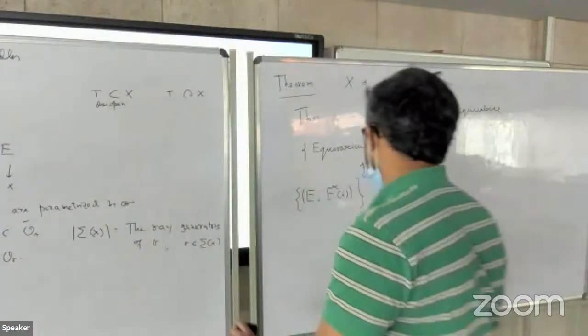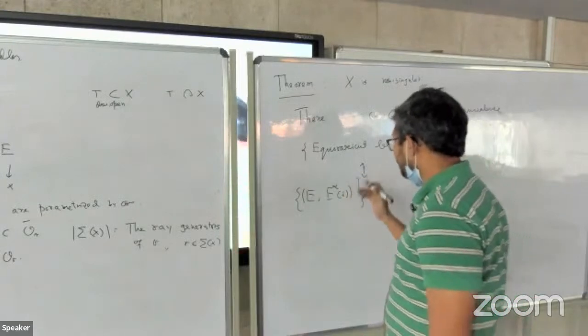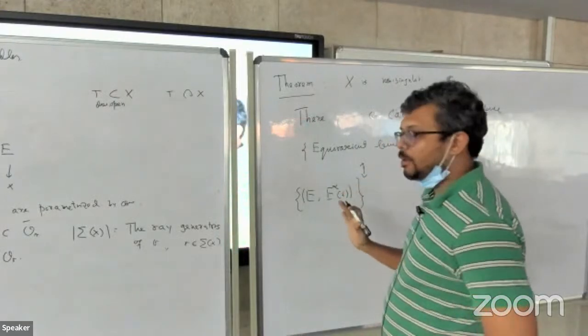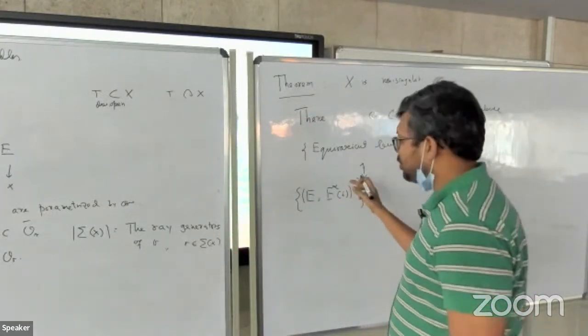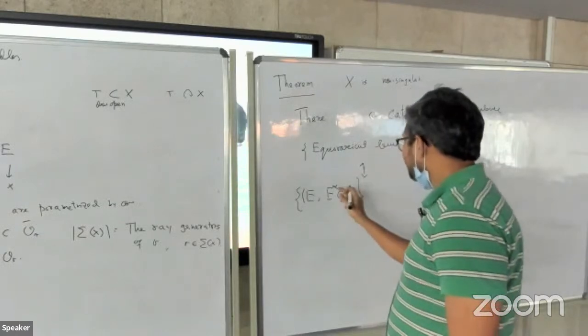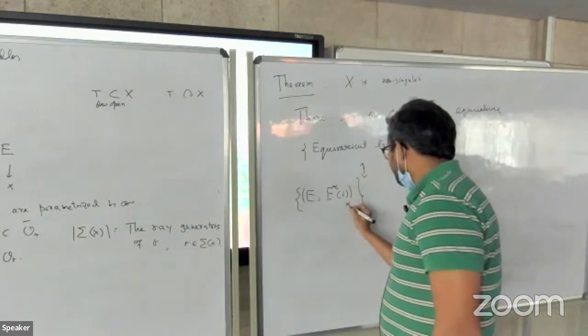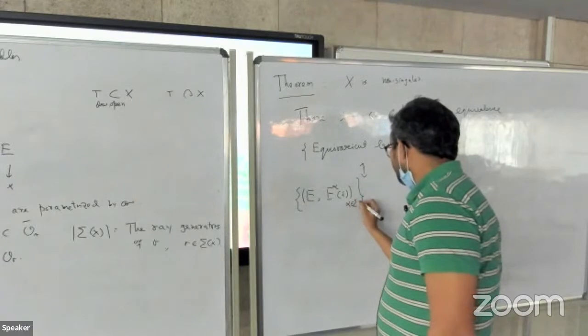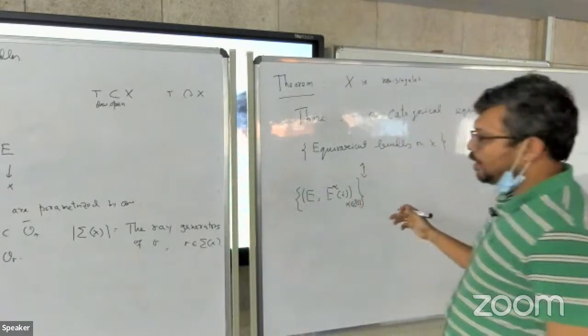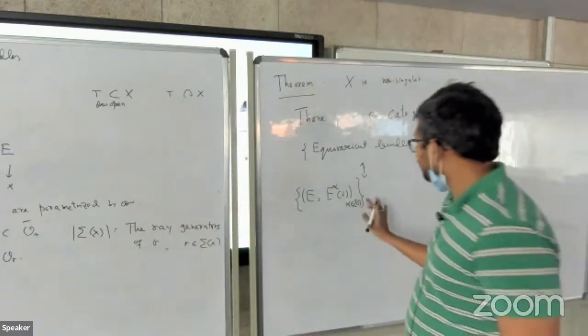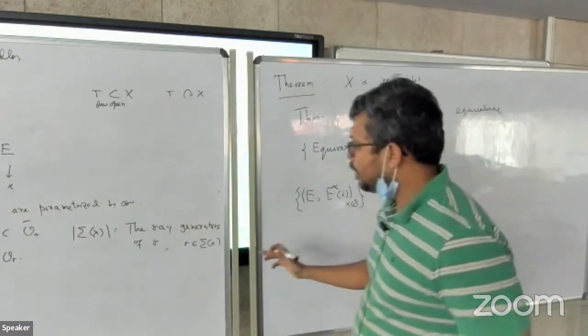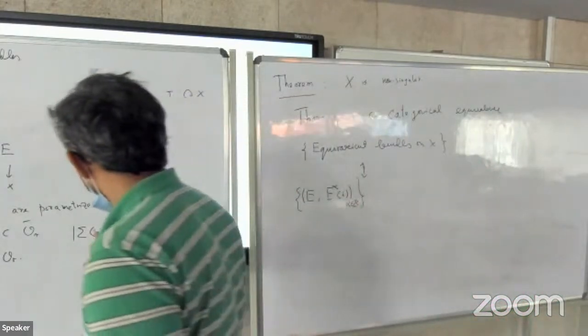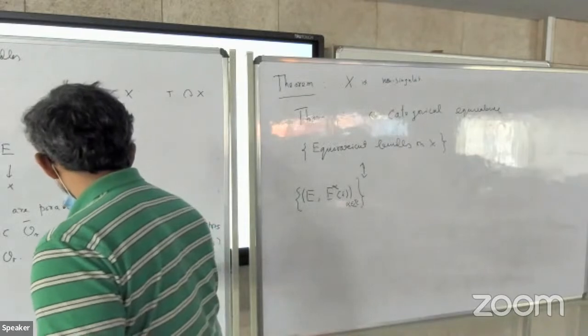There may be a mix, because in Klyachko's notation he writes alpha. So alpha is in Sigma(1), all the one-dimensional cones of Sigma X.